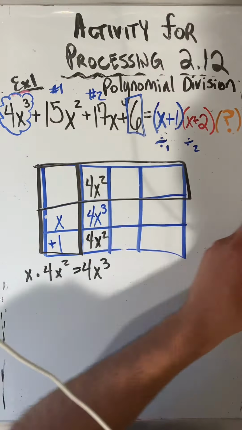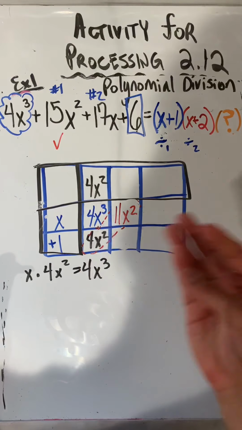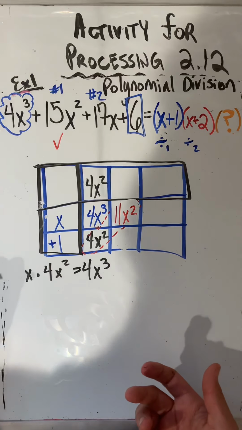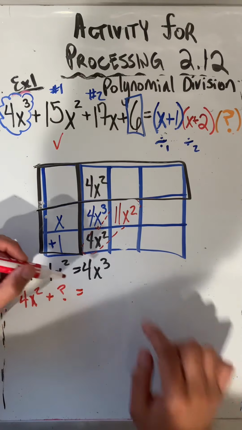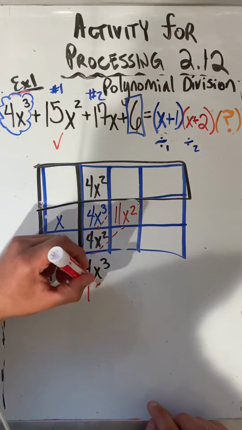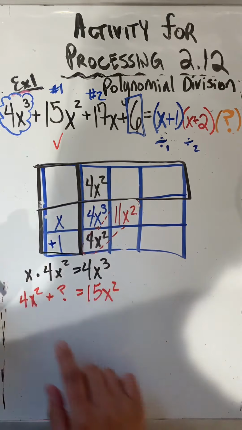However, I invite you to take a look at this down here. What if the numbers were a little more complicated, or maybe even some negatives, right? Well, you can always set up an equation. So 4x squared plus something, I'm going to use a question mark symbol, gives me 15x squared. And then you can actually solve this equation.